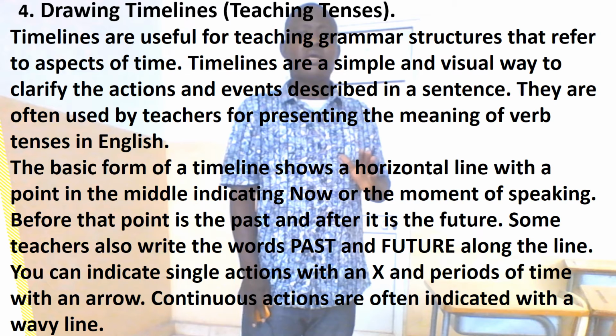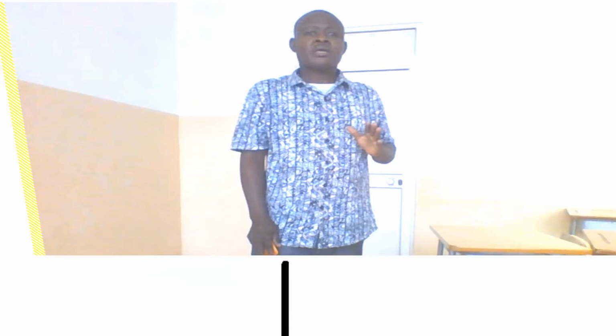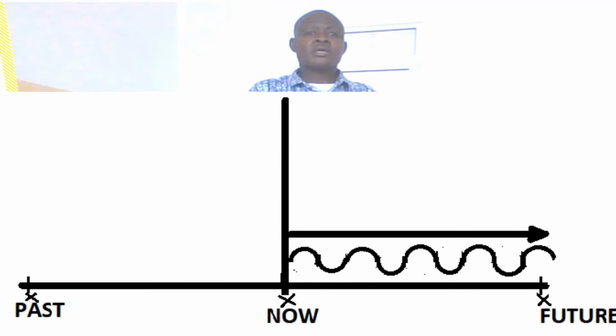Before that point is the past and after it is the future. Some teachers also write the words past and future along the line. You can indicate a single action with an X and a period of time with an arrow. Continuous actions are often indicated with a waving line. This is an example of timelines.